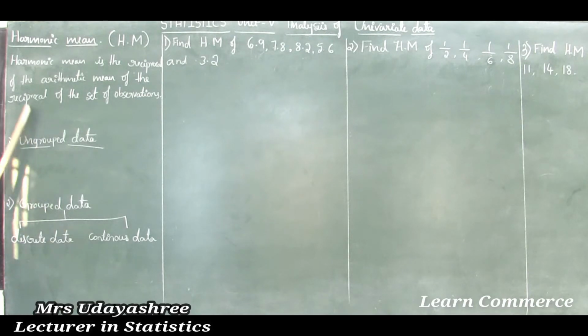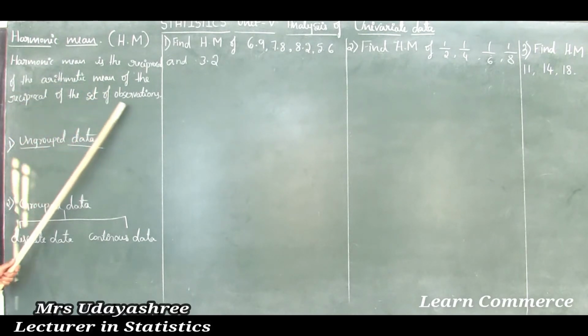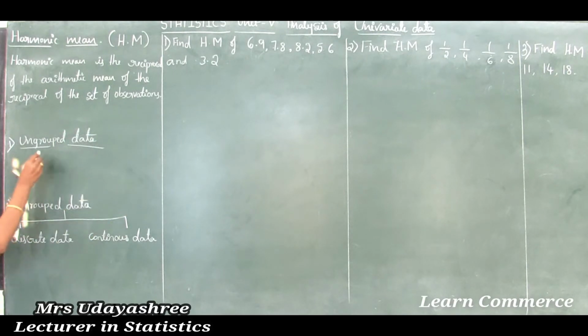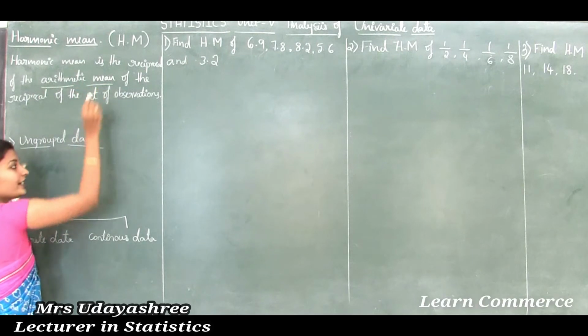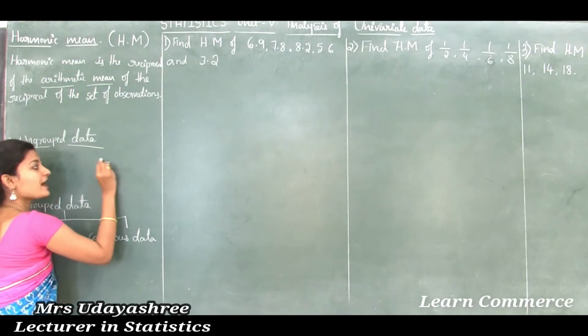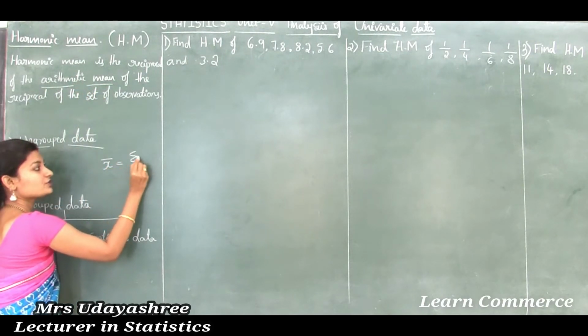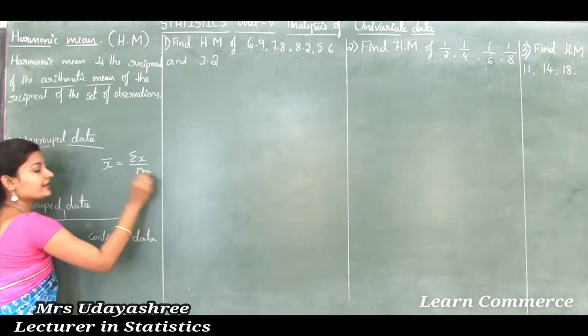In calculation of harmonic mean in case of ungrouped data, see the definition of harmonic mean: harmonic mean is the reciprocal of the arithmetic mean of the reciprocal of the set of observations. So, in case of ungrouped data, the arithmetic mean formula is x bar is equal to summation x divided by n, isn't it?